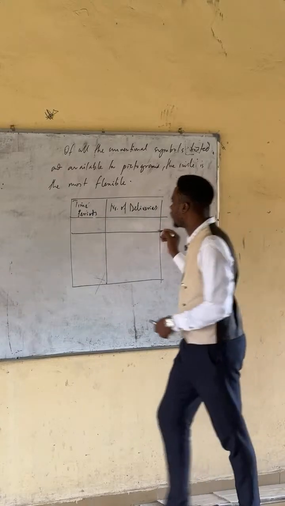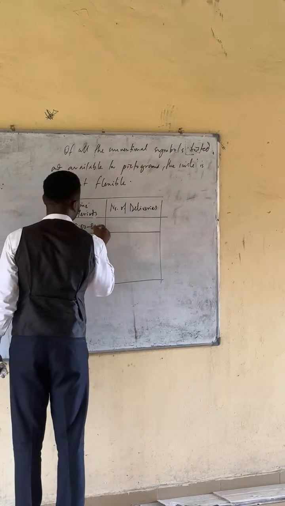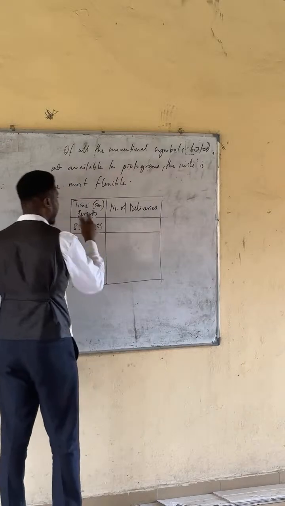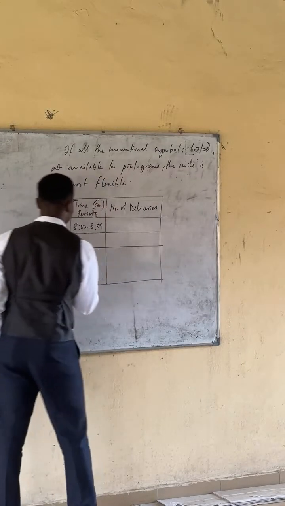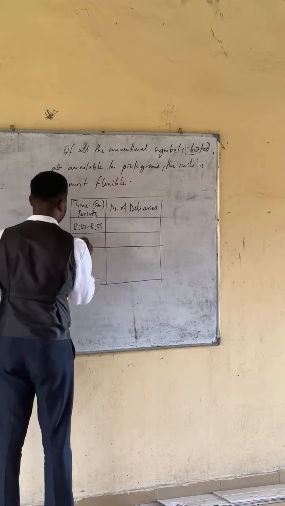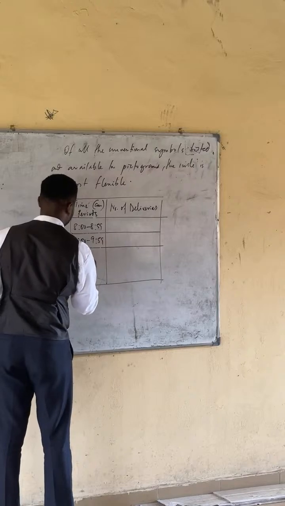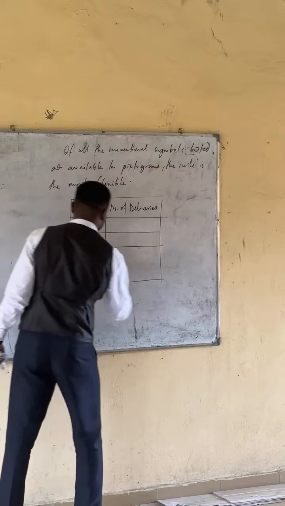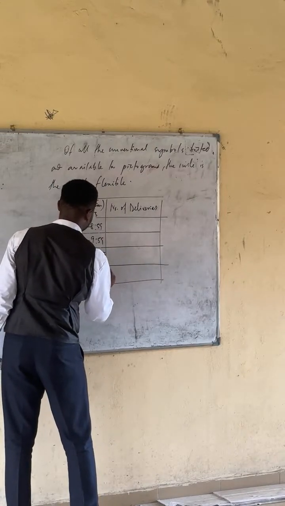So I'm going to put here 8 to 8:59, let's put AM, okay? Then I'm going to put 9 to 9:59, 10 to 10:59, and 11 to 11:59.